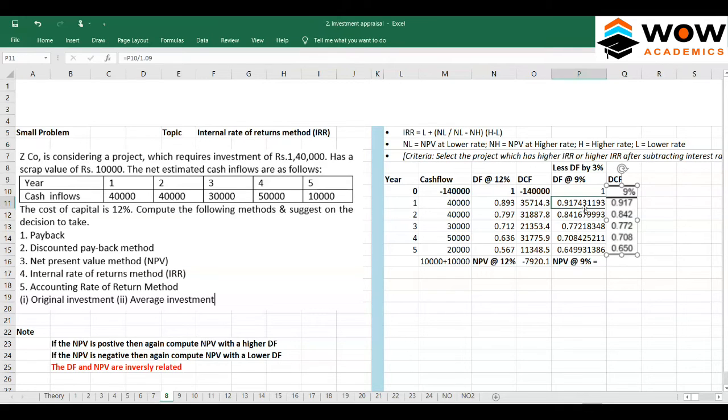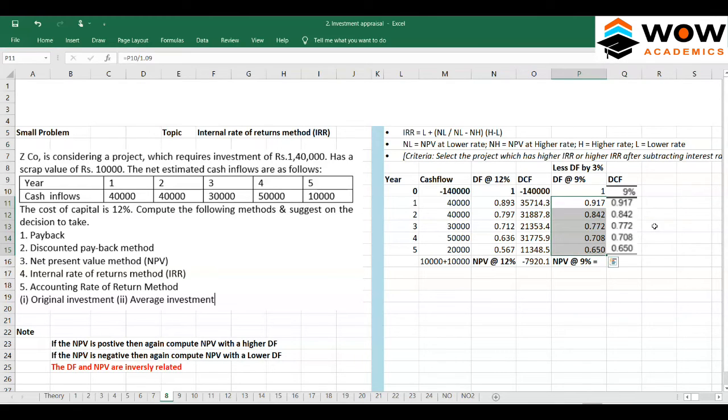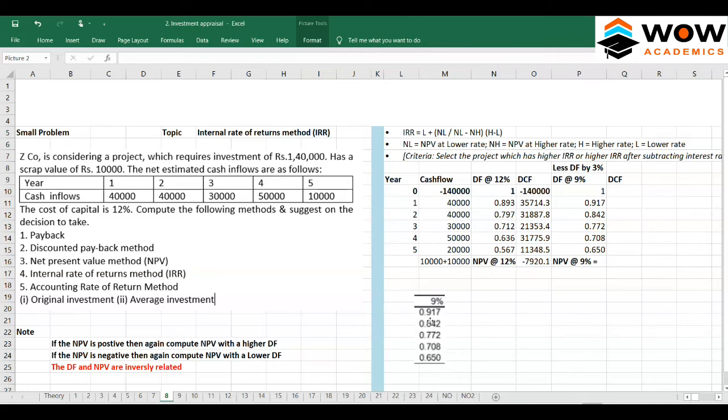So we'll reduce the numbers after the decimal. So 3 numbers after decimal is fine. So we'll just check the numbers now. So 917, 842, 772, 708 and 650. So we got our numbers.